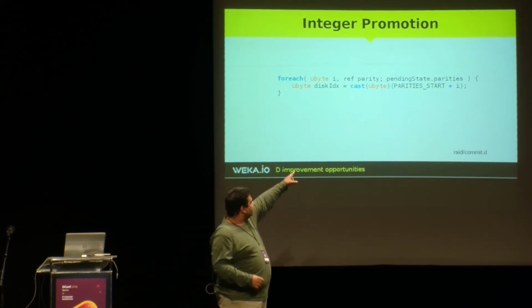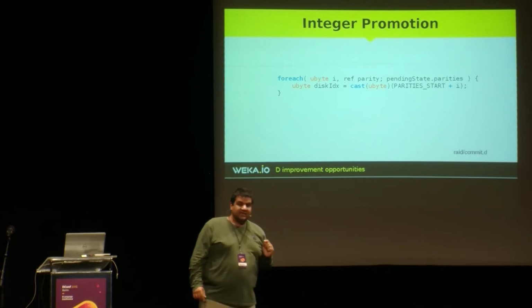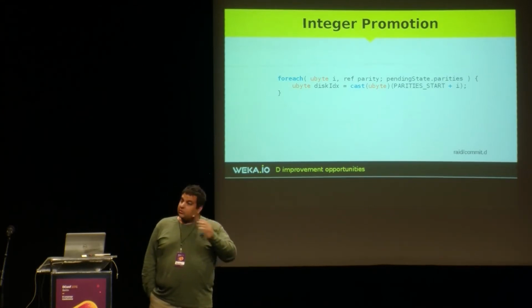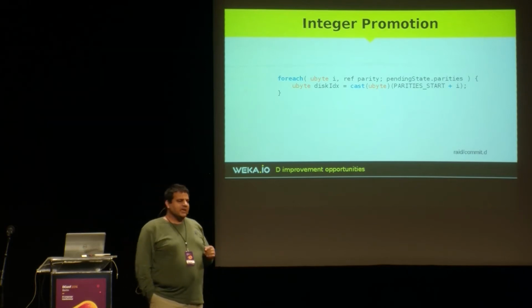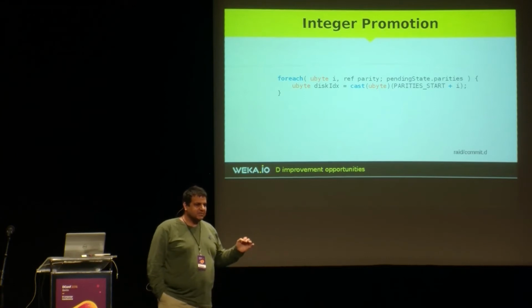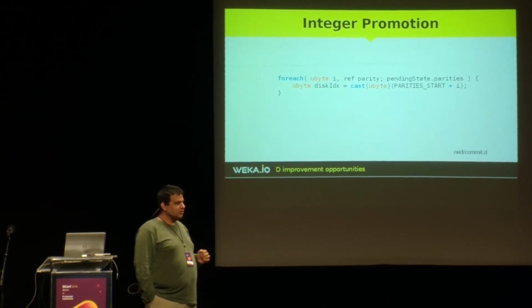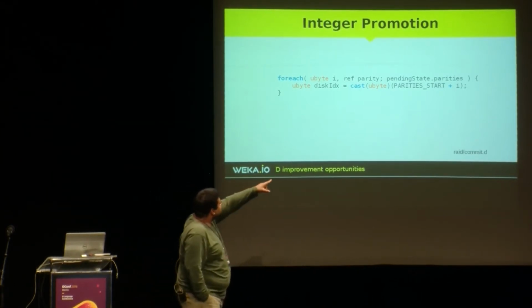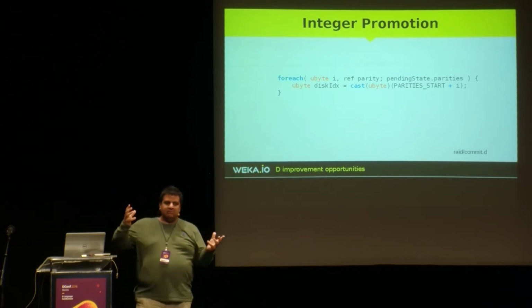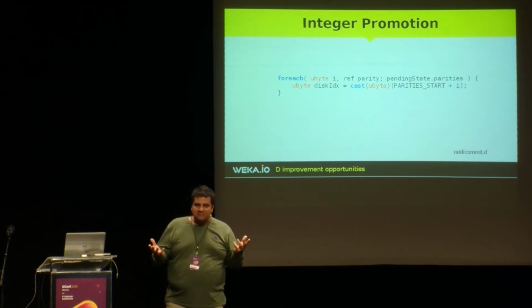So the type of parity start plus I is int because of that design decision. And the other design decision, which is also very reasonable, is that D will not do implicit narrowing casts. So this is an int, and you try to put it into a ubyte without a cast. No, D won't do that.